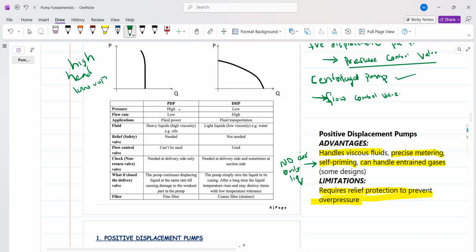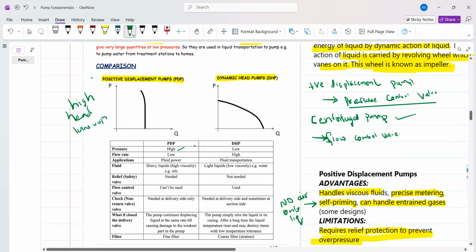So the comparison is, in positive displacement pump, the pressure is very high but flow rate is low, right? In dynamic pump, pressure is very low and flow rate is high.